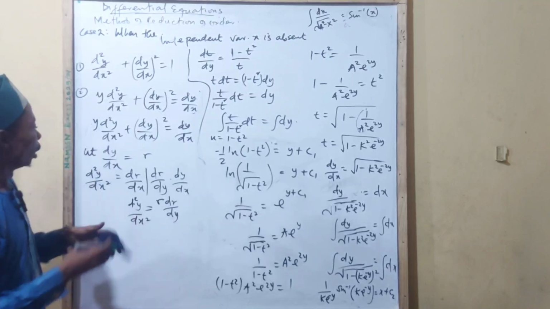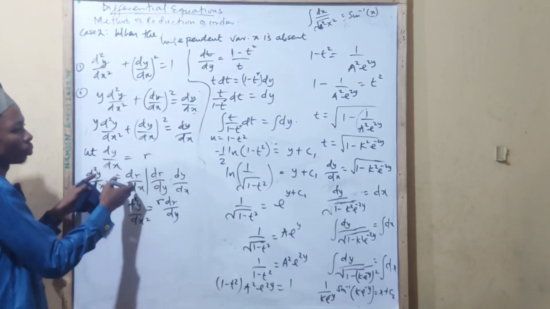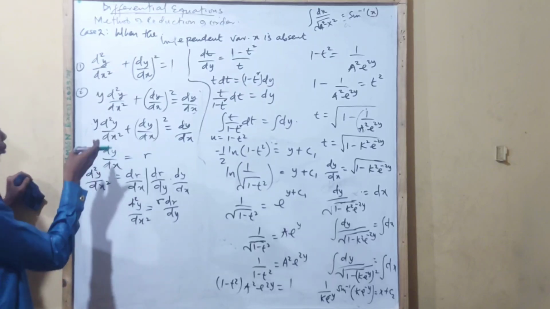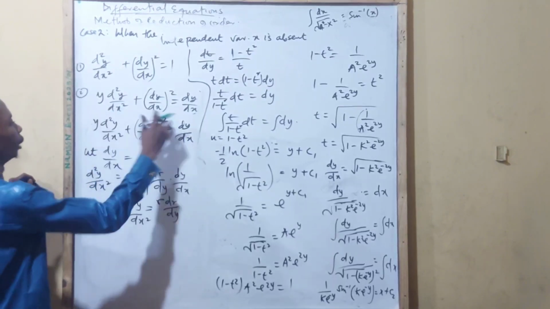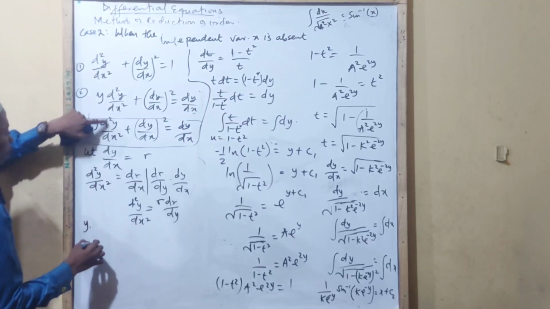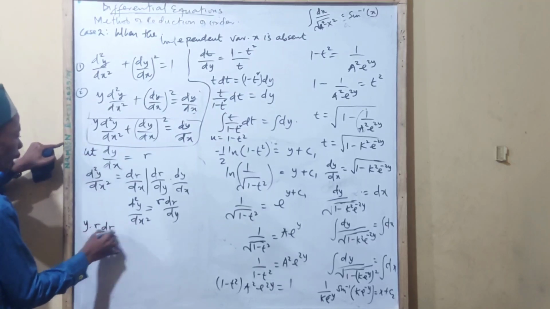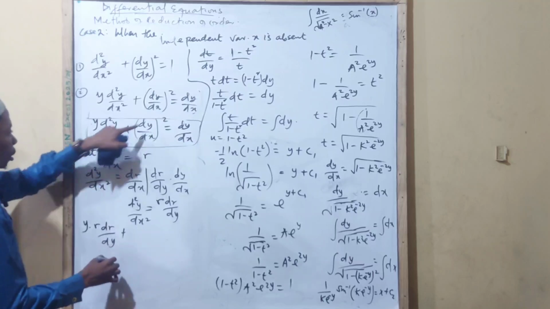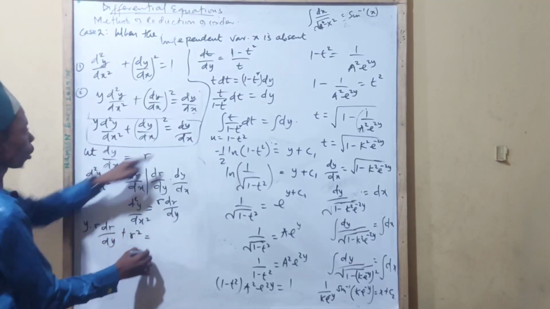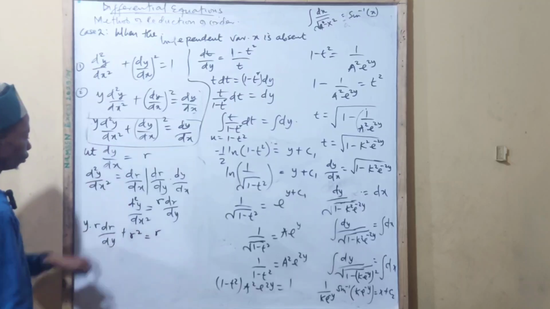So for case 1, if dy dx is r, d square y dx squared is r dr dy, then we continue solving. Substitute for dy dx and d square y dx squared into this differential equation. This will be y times r dr dy plus (dy dx) all squared, so r squared, equals dy dx again, equals r.